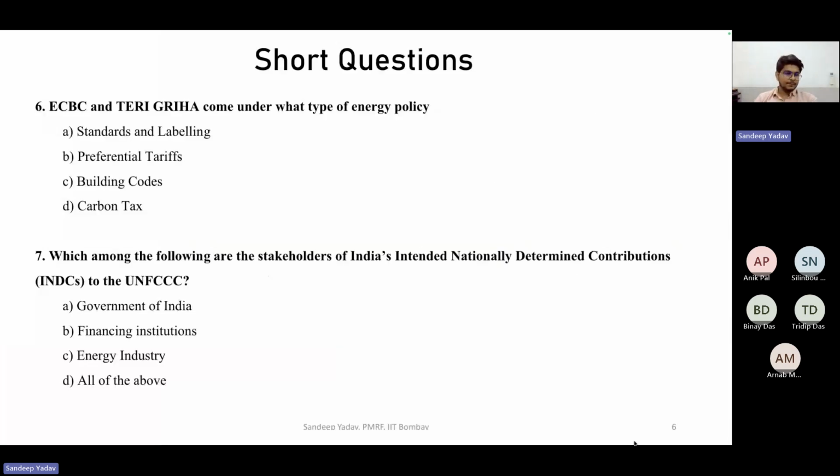Now moving to question number 6. ECBC and TERI Greenhouse. TERI is an institute located in Mumbai that does studies related to energy.